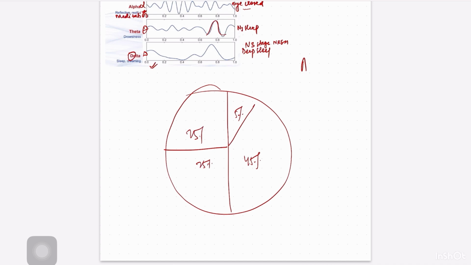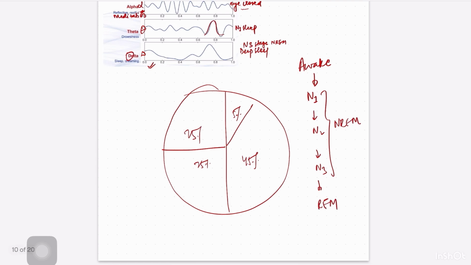First we are awake, eyes open, and then we go into sleep, starting with stage N1, N2, N3, and these are all your NREM, and then comes your REM sleep.